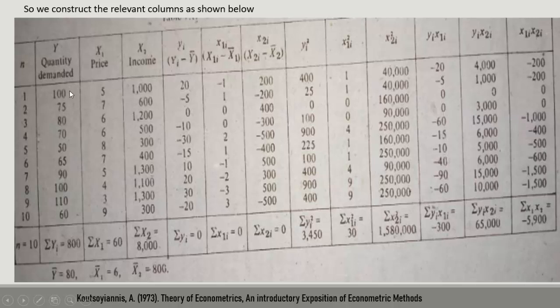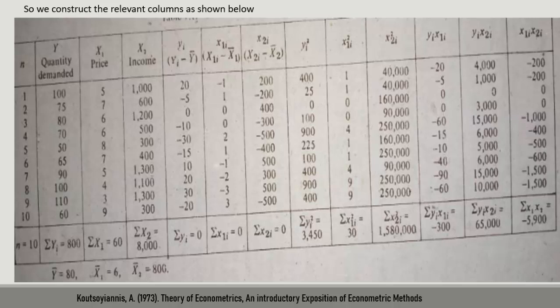So 100 minus 80, it becomes 20. 75 minus 80, minus 5. 80 minus 80 is 0. 70 minus 80, minus 10. 50 minus 80, minus 30. 65 minus 80, minus 15. 90 minus 80, 10. 100 minus 80, 20. 110 minus 80, minus 30, and 60 minus 80, minus 20. So it becomes the column for small y.